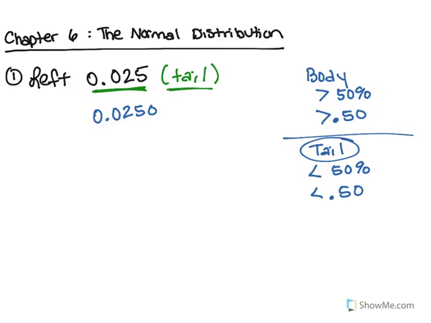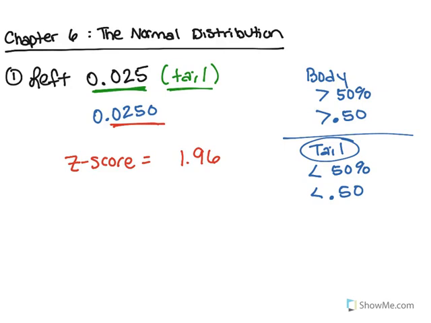Once you locate it, you will see it is at z-score 1.96. For those still looking, go to z-score 1.96, then take your finger over to the tail column. You will see the measurement 0.0250. It matches the tail.